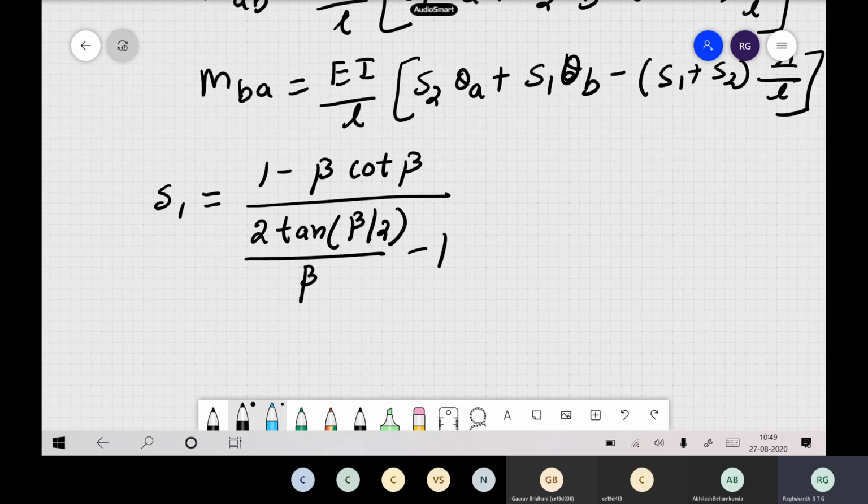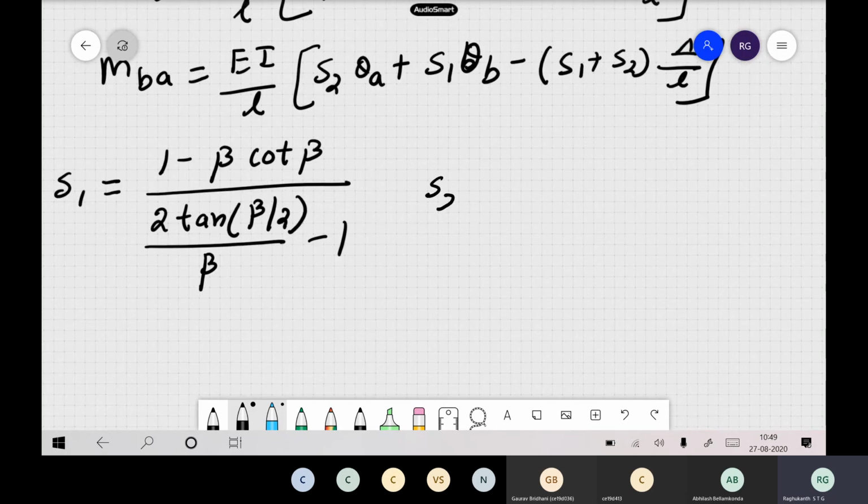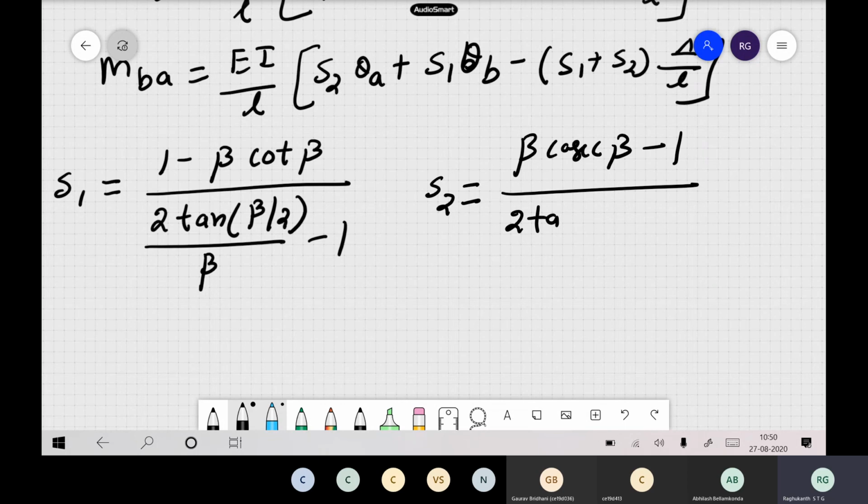So this is your S1. Similarly S2 is beta cosecant beta minus 1 by 2 tan, of course the denominator is the same, beta by 2 minus beta, so this one becomes like this. So these are our final equations.